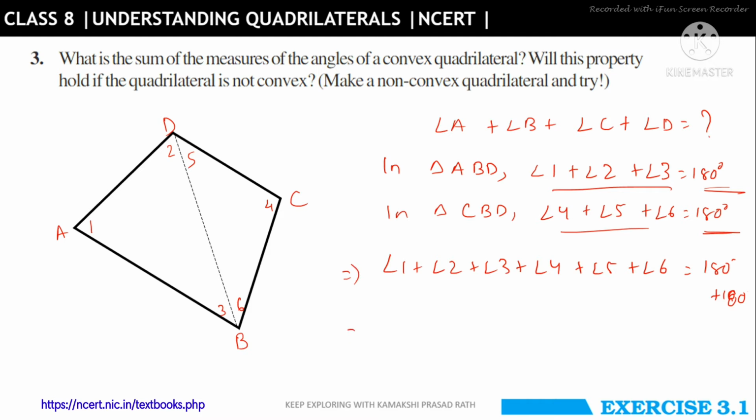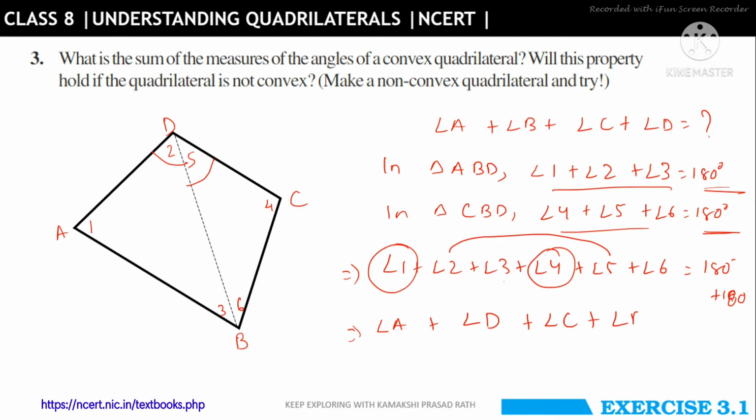Hence what we get? When you combine all, angle 1 and angle 4 will be kept separate. Now you can see angle 2 plus angle 5. When you add angle 2 and angle 5, we get angle D. Angle 1 is nothing but angle A, and angle 4 is also nothing but angle C. So the remaining is 2 plus 5; angle 2 plus angle 5 is angle D, and angle 3 plus 6 is angle B. So that becomes equal to 360 degrees.